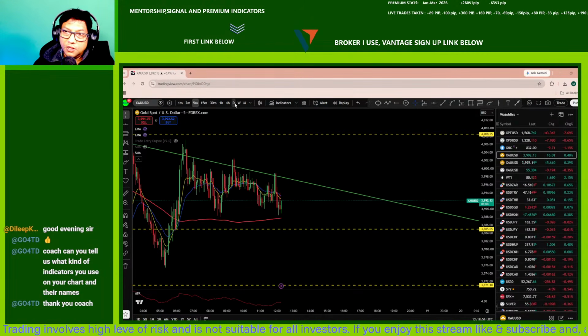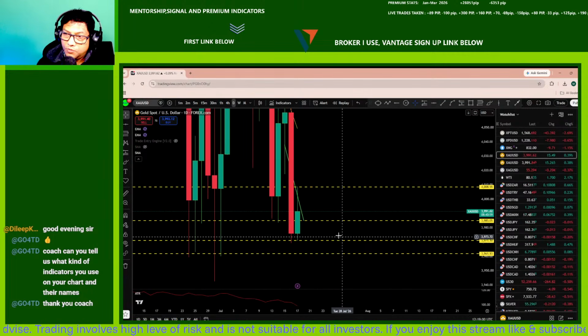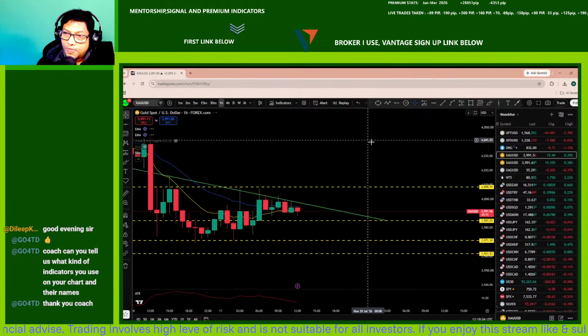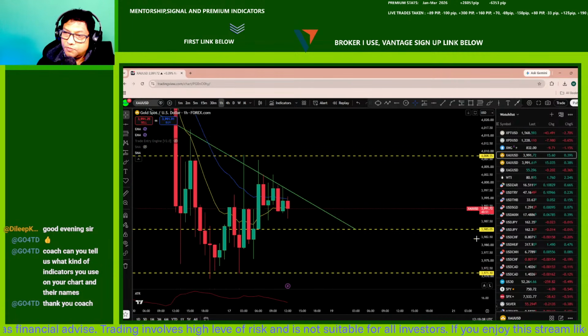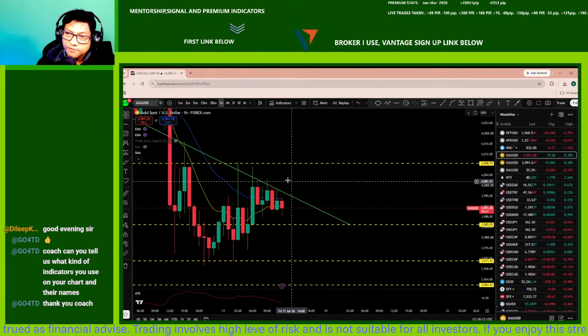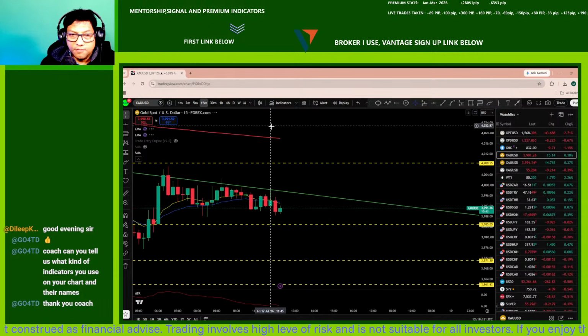Now on the daily chart, we can see the price has also tested the daily support and tested this high. Now, the overall trend that you will be looking at: currently the market in this zone shows a consolidation with a series of lower highs.